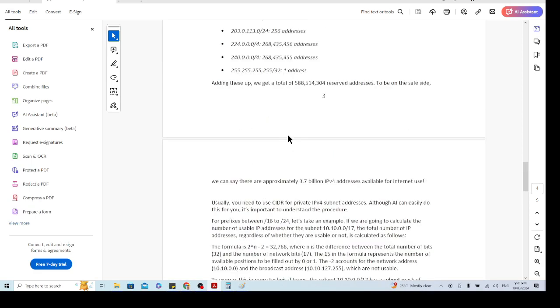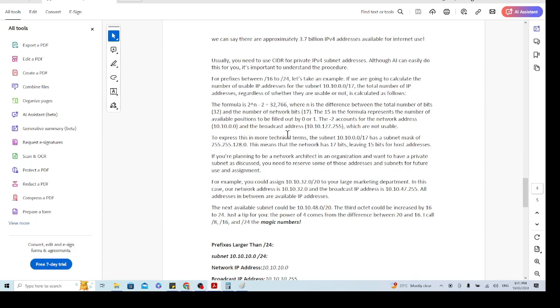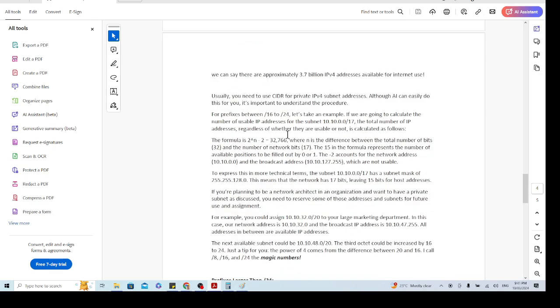Okay, now let's get back to a bit more complicated prefix, for example anything between 16 to 24. Let's take an example. If we're going to calculate the number of usable IP addresses for subnet 10.10.0.0/17, the total number of IP addresses, regardless of whether they are usable or not, is calculated as follows.